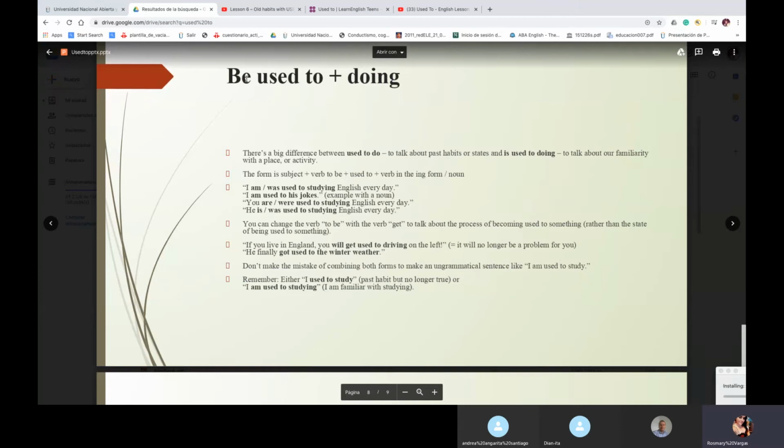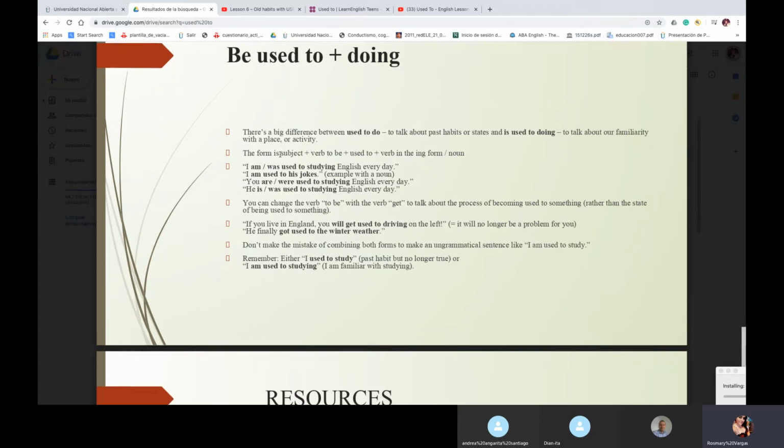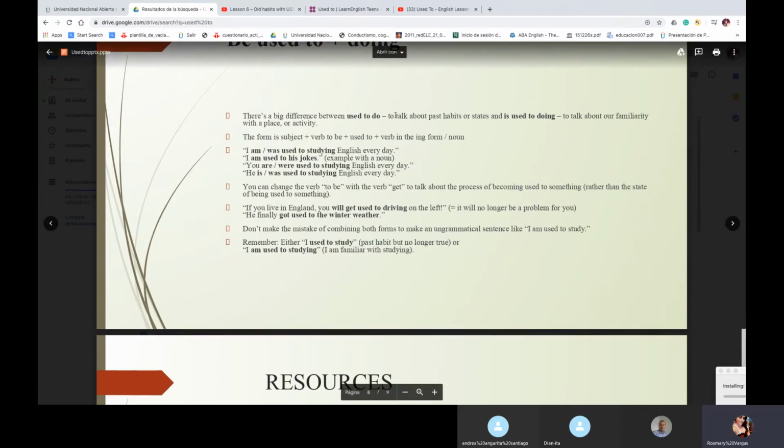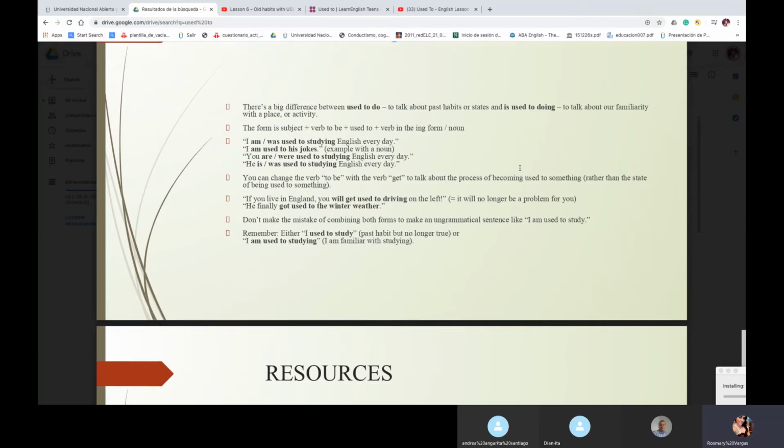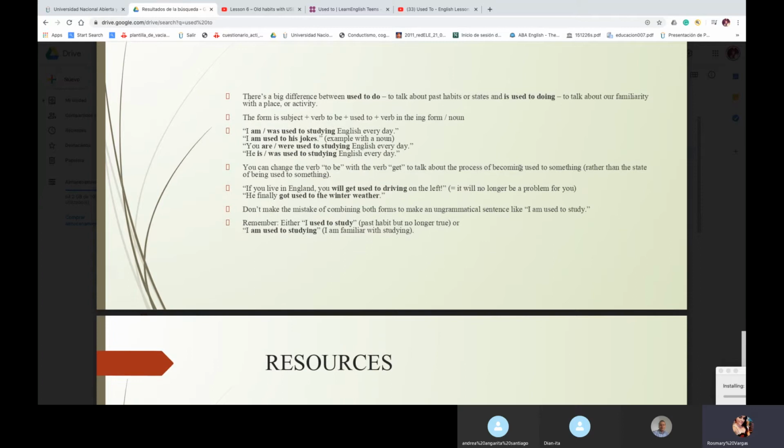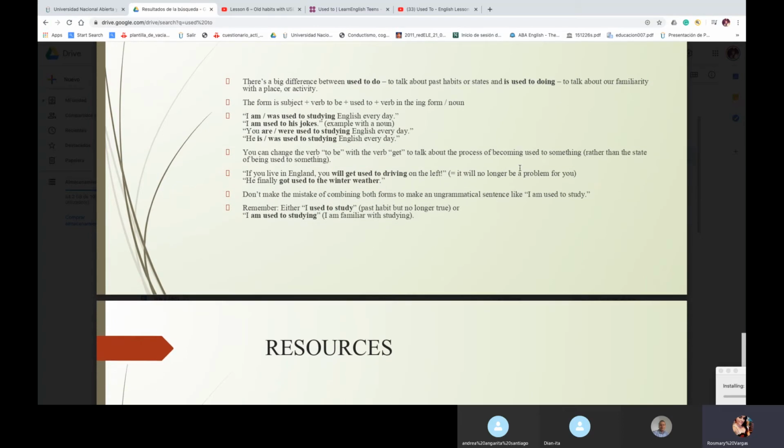So we can also use used to plus doing, or gerund. There is a big difference between used to do, to talk about past habits or states, and used to doing, to talk about our familiarity with a place or activity.